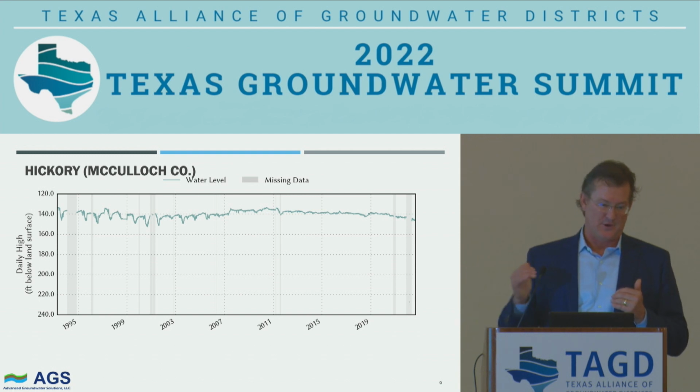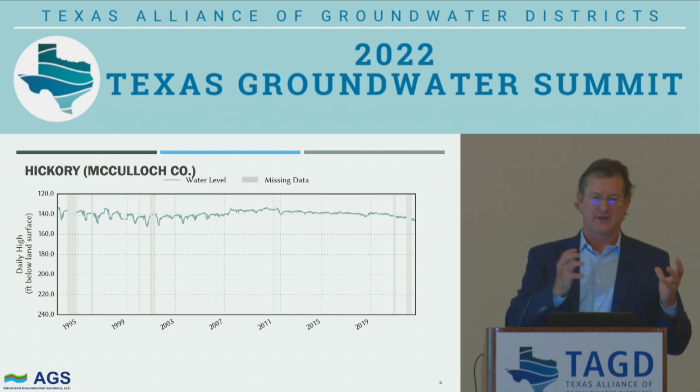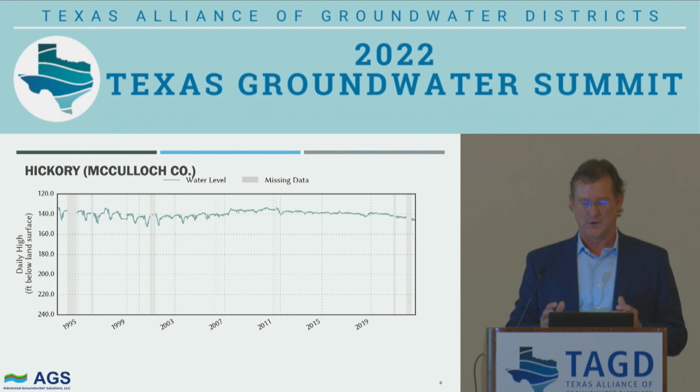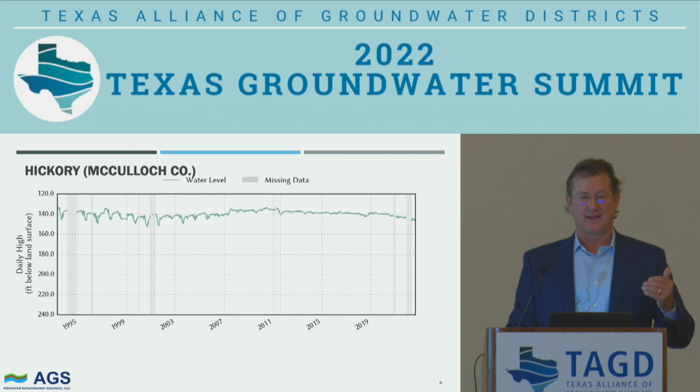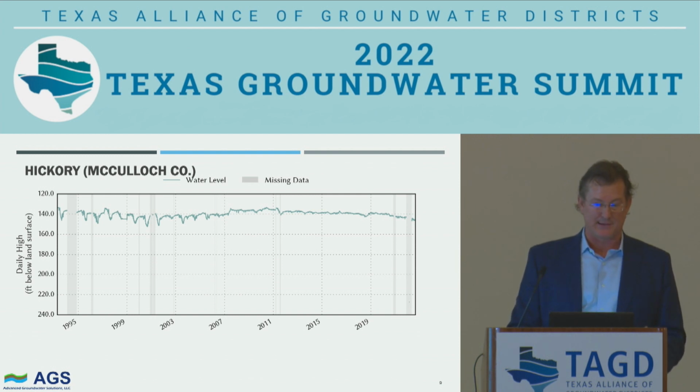And so if you're folding individual hydrographs into a larger analysis for a county or district or GMA, then all of these things matter when you look at how any particular issue or problem can affect those data and how you're complying.